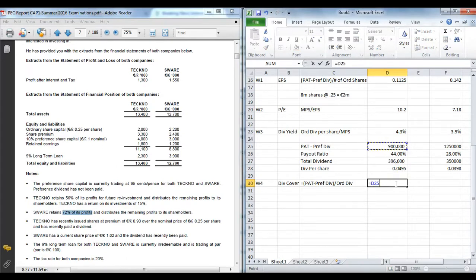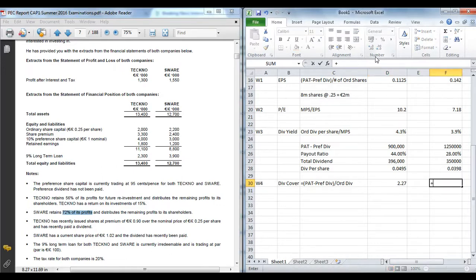So you have 900,000 of profits available to ordinary shareholders, and the total dividend paid to ordinary shareholders was 396. So in terms of cover, you earn about 2.27 times profits as a multiple of your dividend. So you have about 2 times dividends available to cover you.